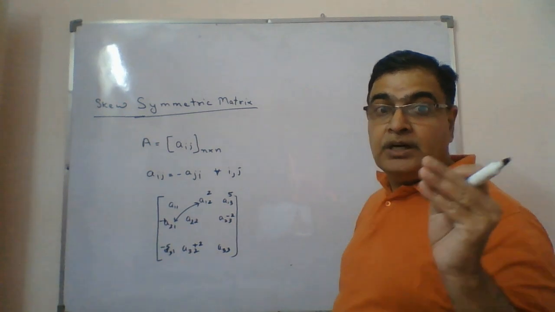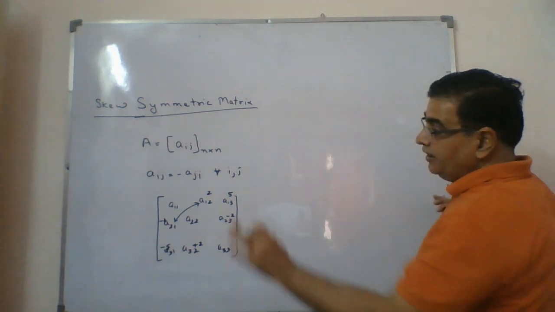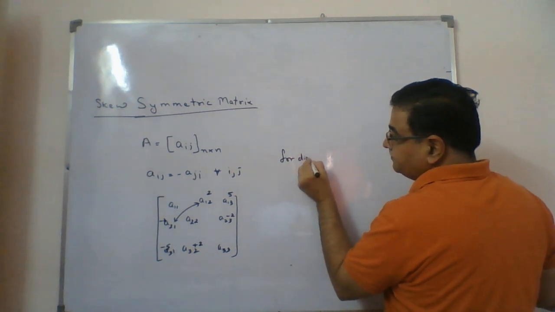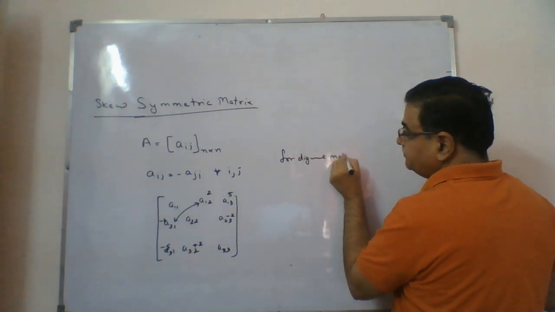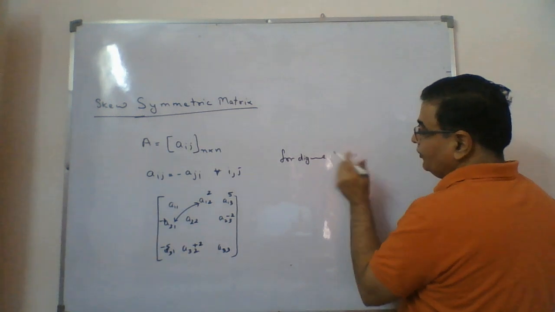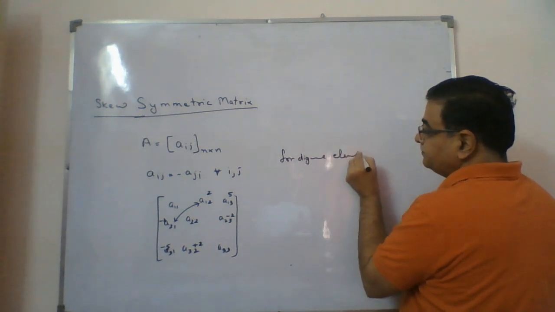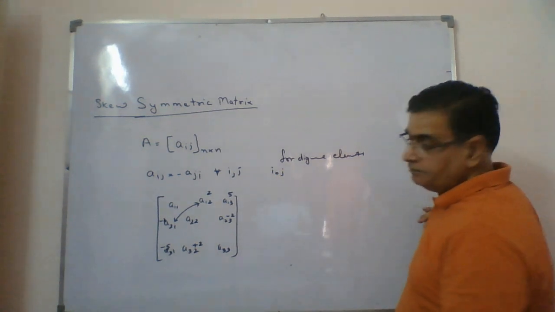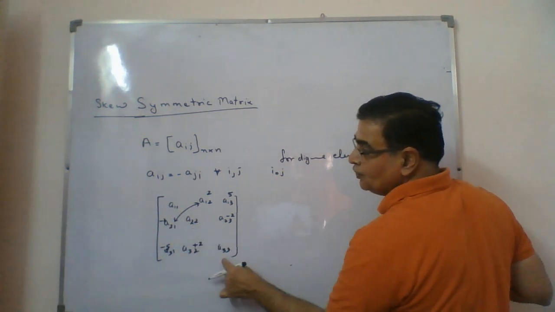But what about the diagonal elements this time? For diagonal elements, I comes out to be J: 1,1, 2,2, 3,3.